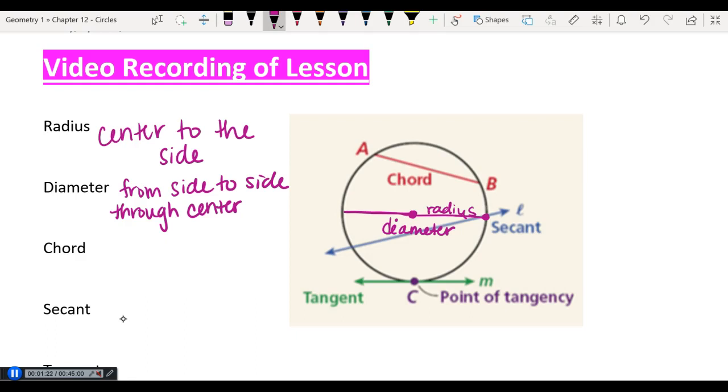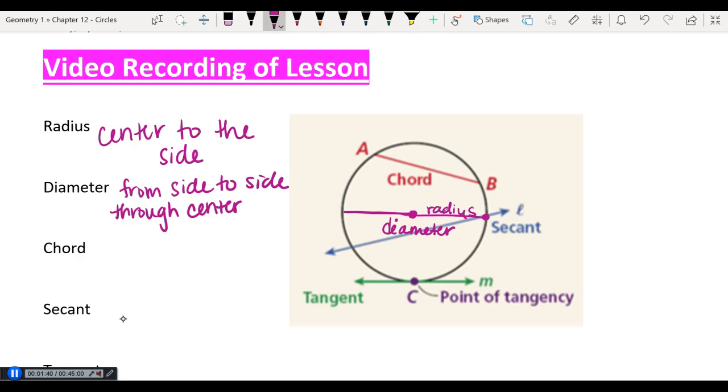Hopefully you know those. We actually covered those last chapter. So if your radius is 1, what's your diameter? 2. And if your diameter is 12, what's your radius? 6. Good.